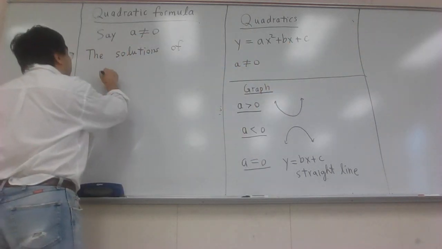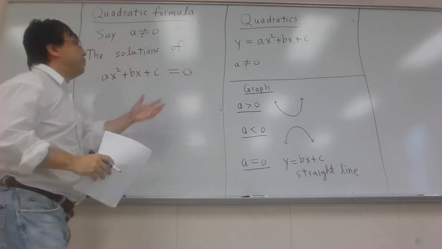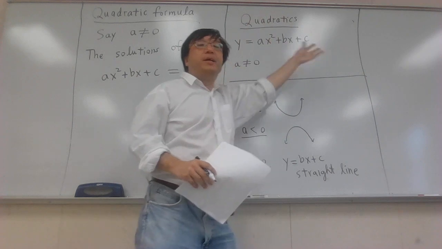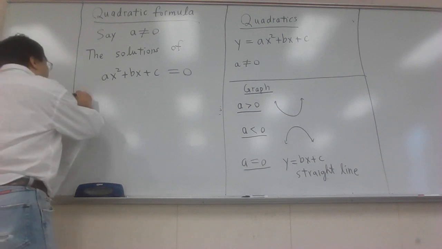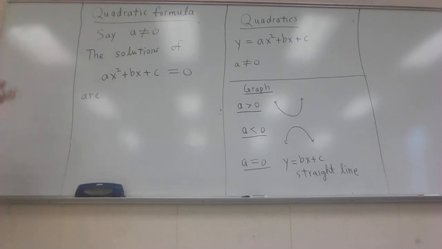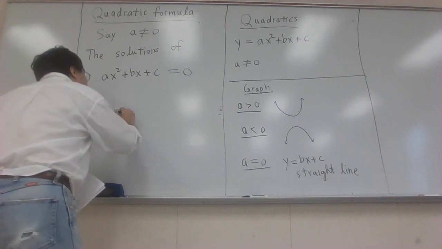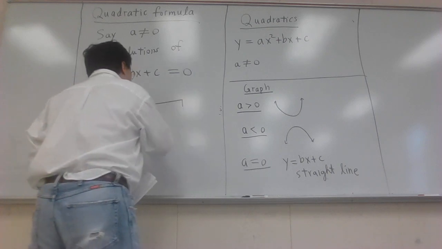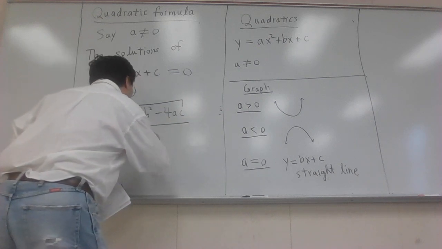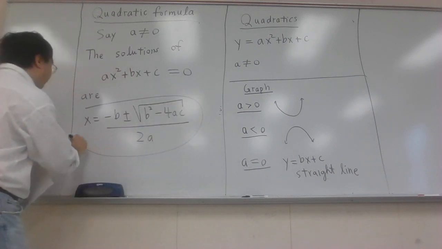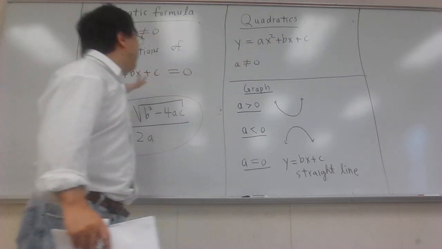So the solutions of the quadratic equation ax squared plus bx plus c equals 0 are given by the quadratic formula, which is, to recall from school, x equals minus b plus or minus the square root of b squared minus 4ac, divided by 2a. It gives all the solutions to the quadratic equation, where we set the quadratic polynomial equal to 0.